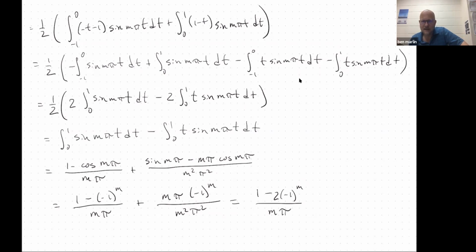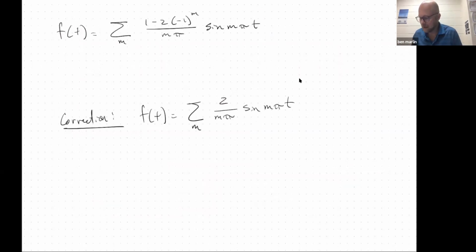And I still have some sort of an algebra error here that I can't quite figure out, because this should get me 2 over m pi. And I'm not entirely sure why it's not working. So if you have some insight, please help me out on that.